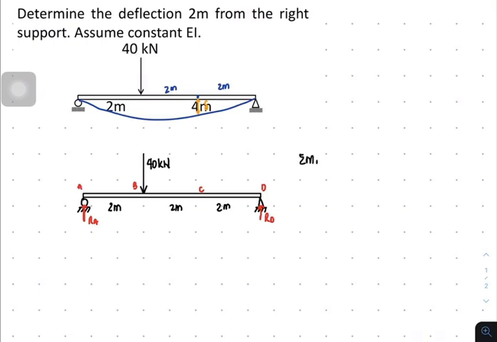At point D equal to 0, you will have RA times 6 equal to 40 times 4.